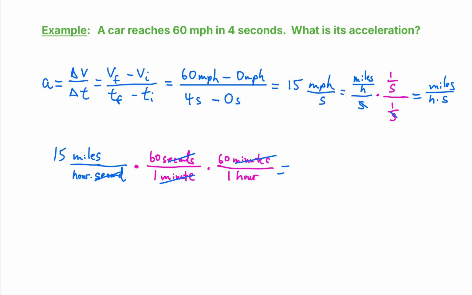Okay, now if we go ahead and multiply that all out, 15 times 60 times 60, we get 54,000. And now my unit measure becomes miles per hour times hour, or miles per hour squared.